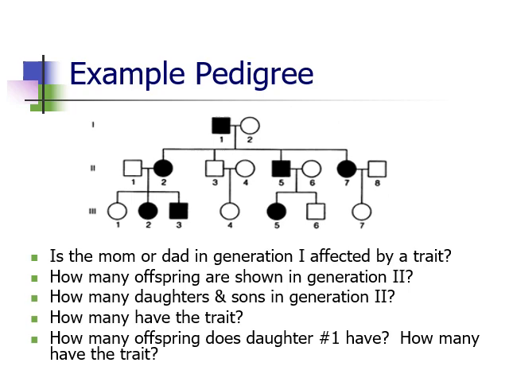And then for one of our last questions here, how many offspring does daughter 1 have? So for generation 2, we're going to be looking at daughter number 1. In that case, we would look over to the left of that generation, the second generation, and we see we have a filled in daughter.